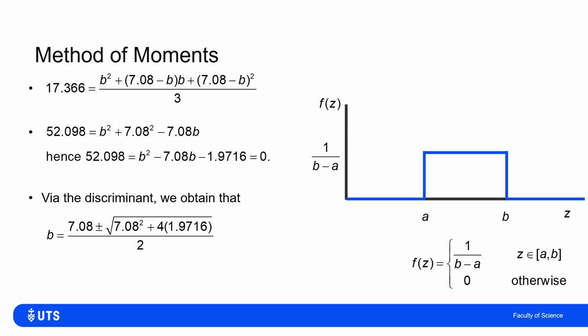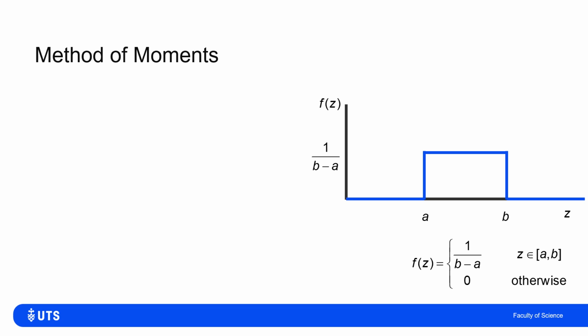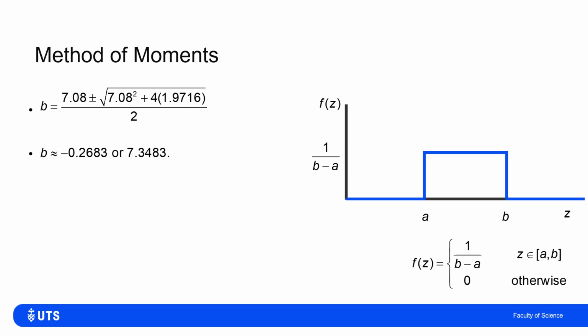So b is (7.08 plus or minus the square root of 7.08 squared plus 4 times 1.9716) all over 2. Now work out what those are. Solving that, I'll get 2 possible values.